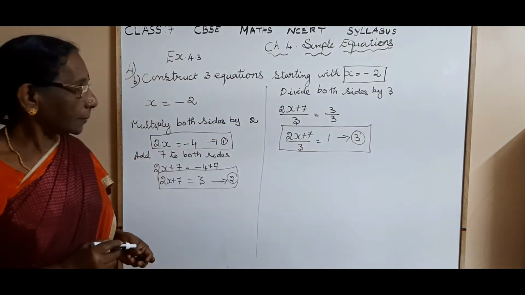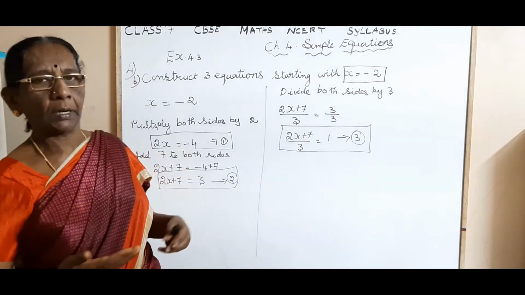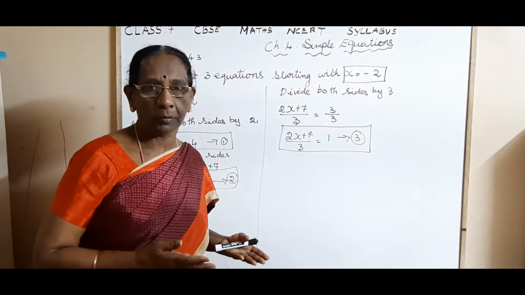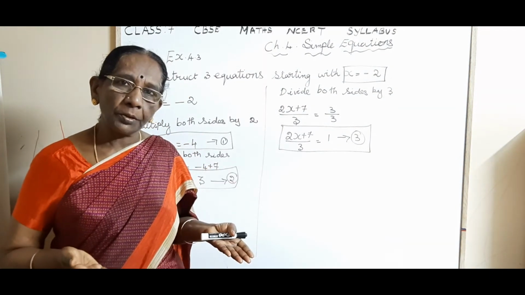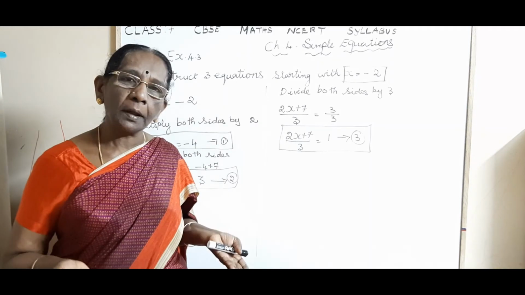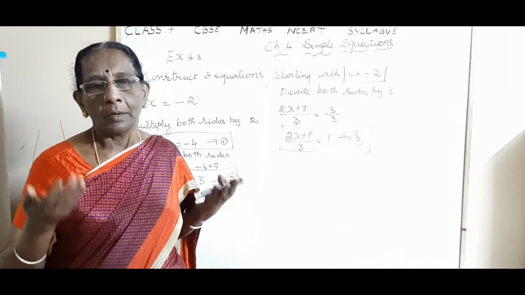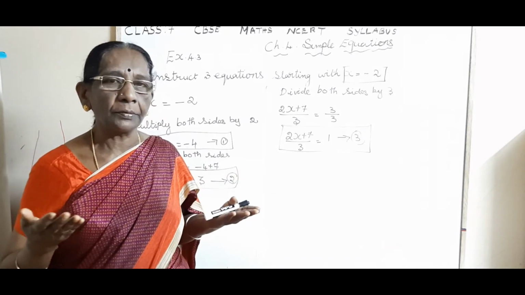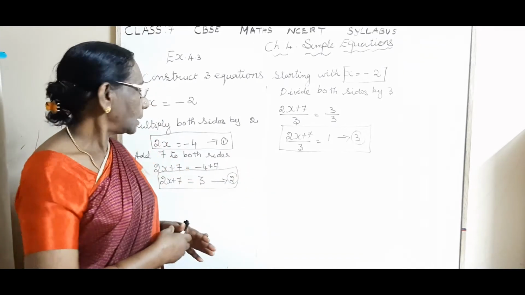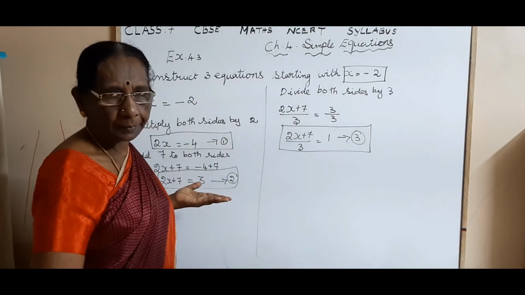Have you understood, children? So, you may ask me, can you frame only these three equations? No. You can use your own operation, you can use your own number, and you can construct numerous, that is, countless number of equations. Okay, children? So, instead of multiplying by 2, you can multiply by 3.